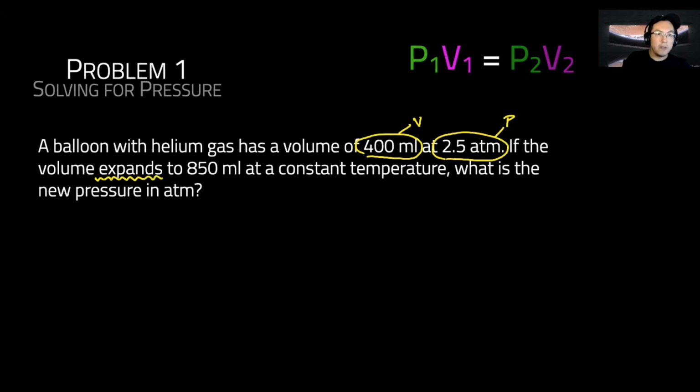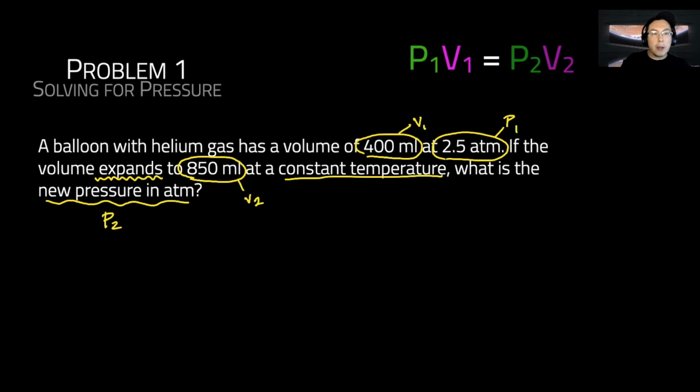This is going to give you the hint on which one is the initial and which one is the final. It says the volume expands to 850 milliliters at a constant temperature. What is the new pressure? This new pressure is highly suggesting that this is going to be P2, so this has to be V2. Therefore, these are V1 and P1.